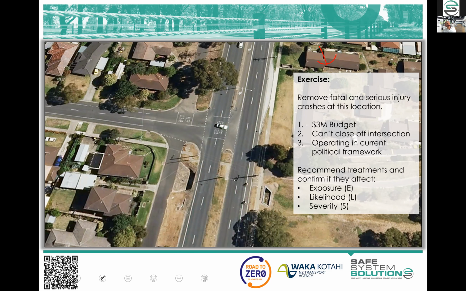We've done the community consultation, and it's become very clear we are not able to close this intersection. I know you wanted to, because you went, oh, Monash University Accident Research Centre, their principal said less intersections, we're going to close this. No, I like your thinking, but you can't do it. You're operating in the current political, organisational, community framework.